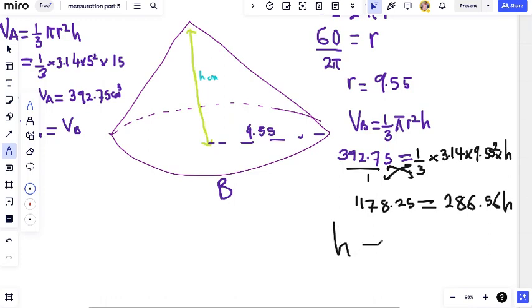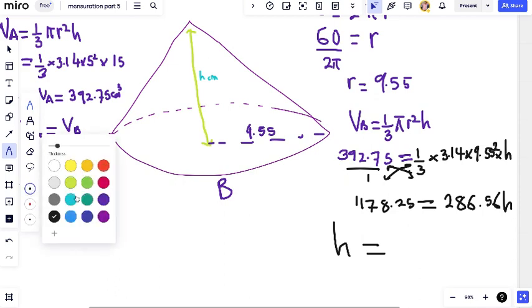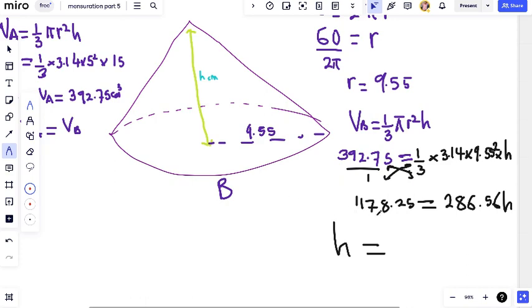H will be equal to, divide both sides by that same value, 286.56.